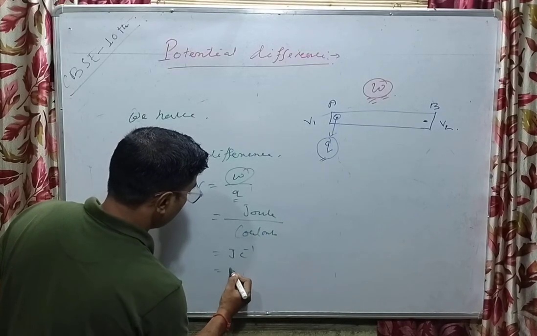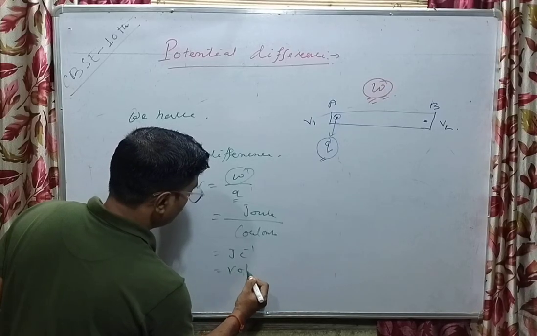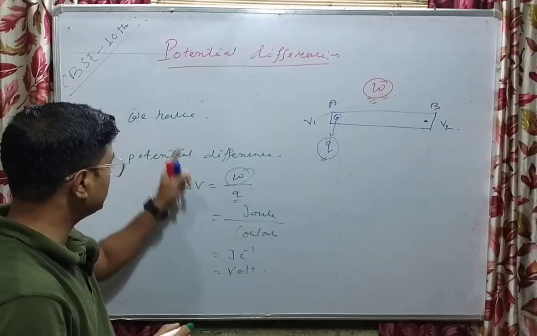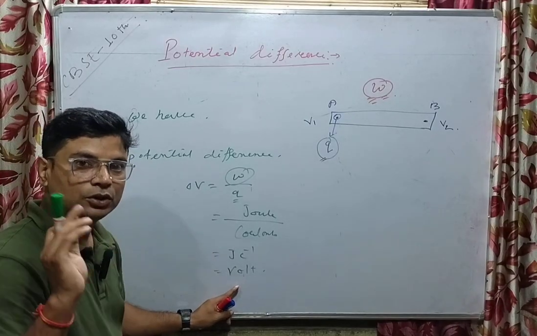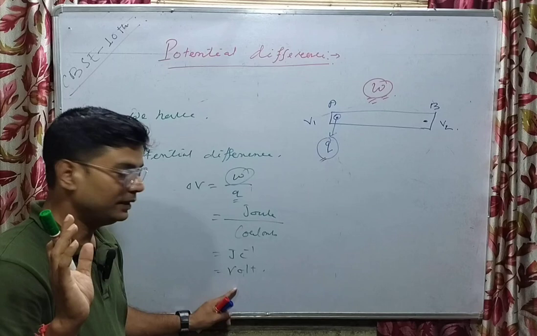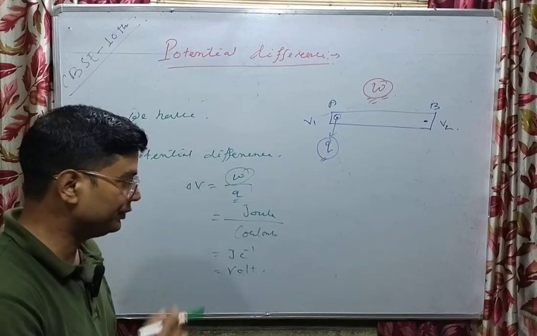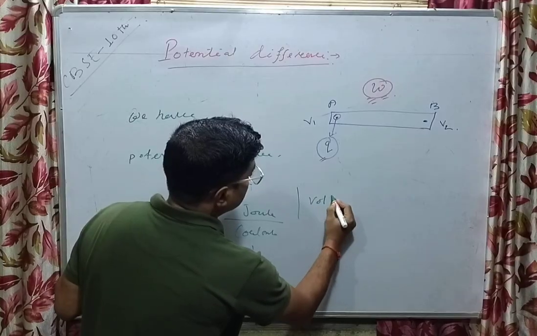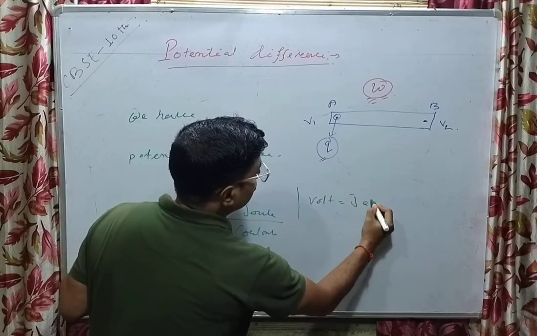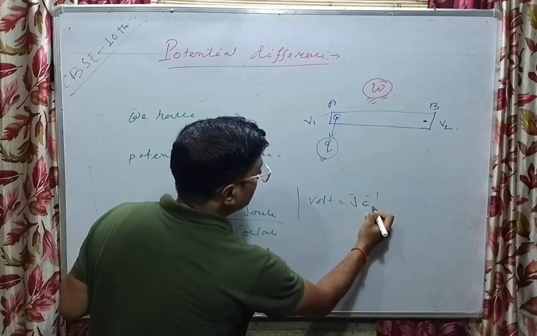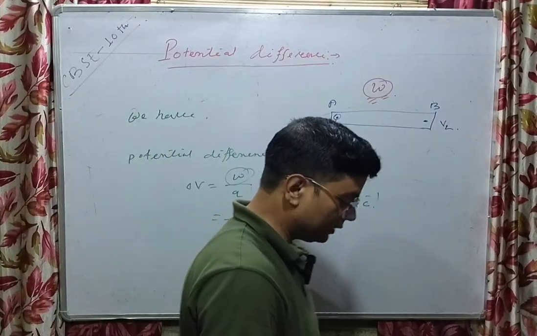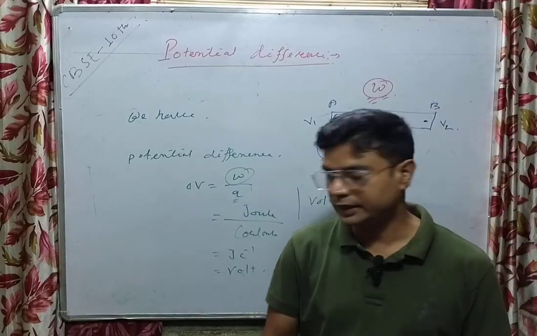Joule per coulomb is equal to volt, V-O-L-T. The SI unit of potential difference is volt. Clear? Volt is equal to joule per coulomb.